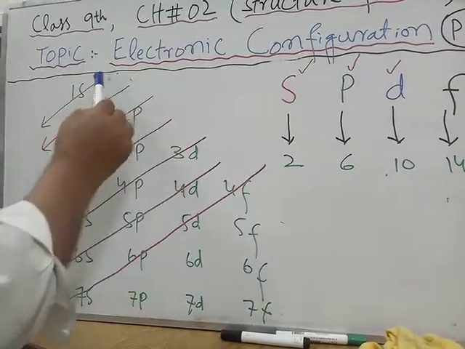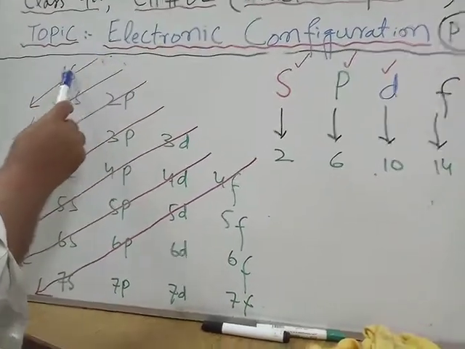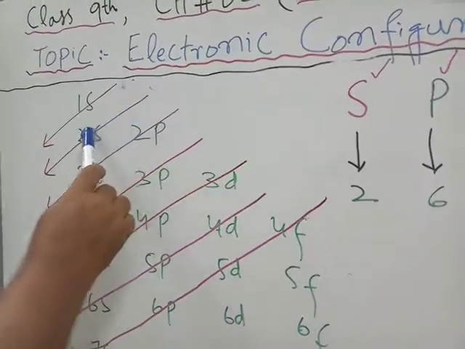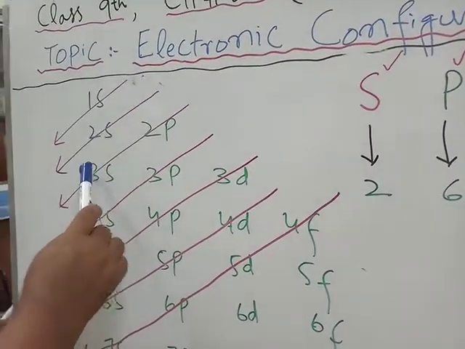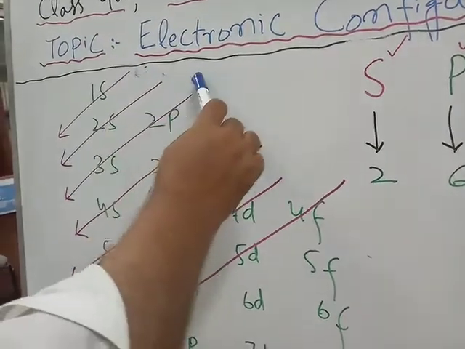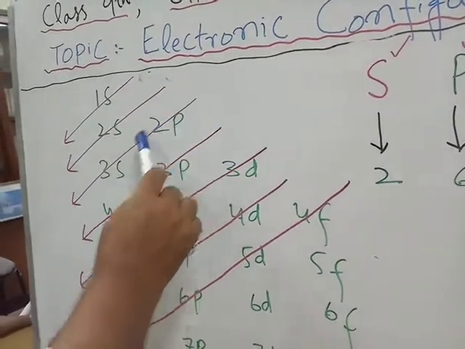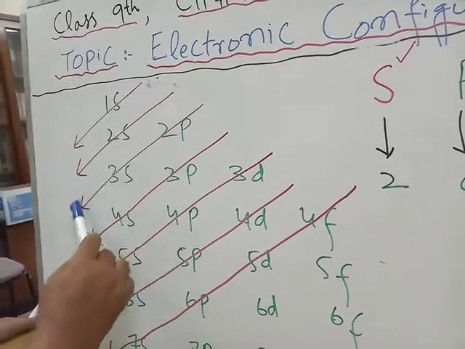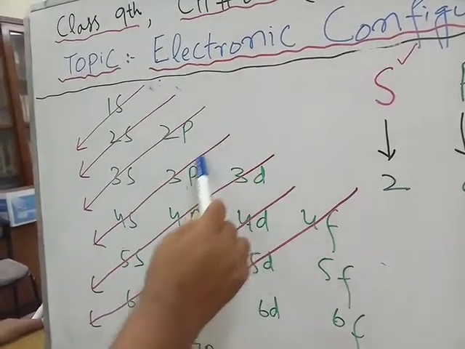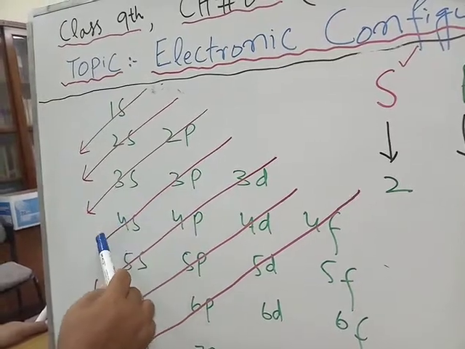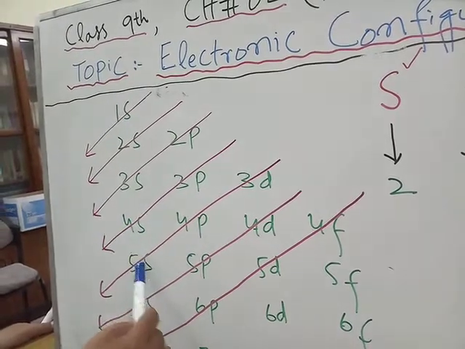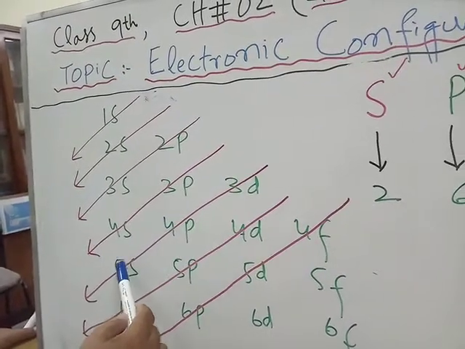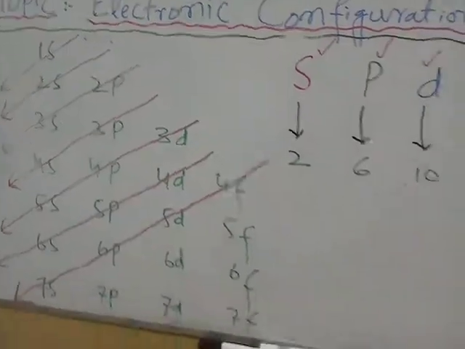For example, how shall I proceed? From 1s, then go back to the back side: 2s, not 3s, never. Go to the back of the arrow: 2p, then 3s. From 3s, never 4s. Go to the back side again: 3p, then 4s. From 4s, never 5s. Go to the back side: 3d, 4p, 5s, and so on.